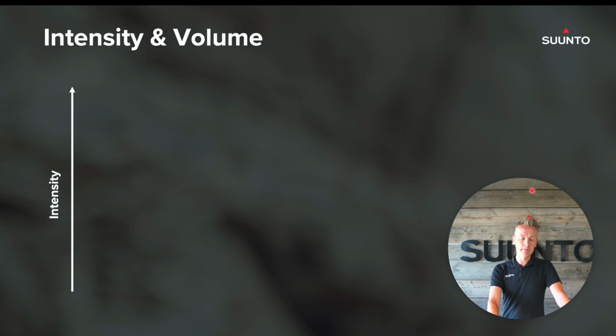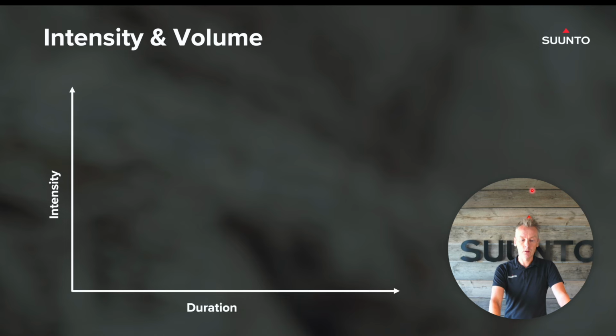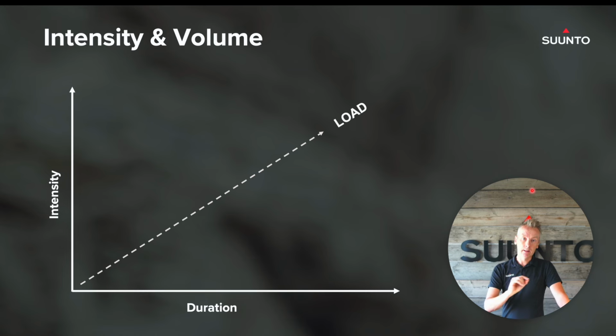And now when we talk about training load calculation, not just about the volume itself, we can take intensity into this equation. So basically the model here is that when we look at the intensity, which is on the y-axis here, and the duration on the x-axis, we can say that there's a correlation that, okay, when the duration increases, the load increases, when the intensity increases, the load increases.